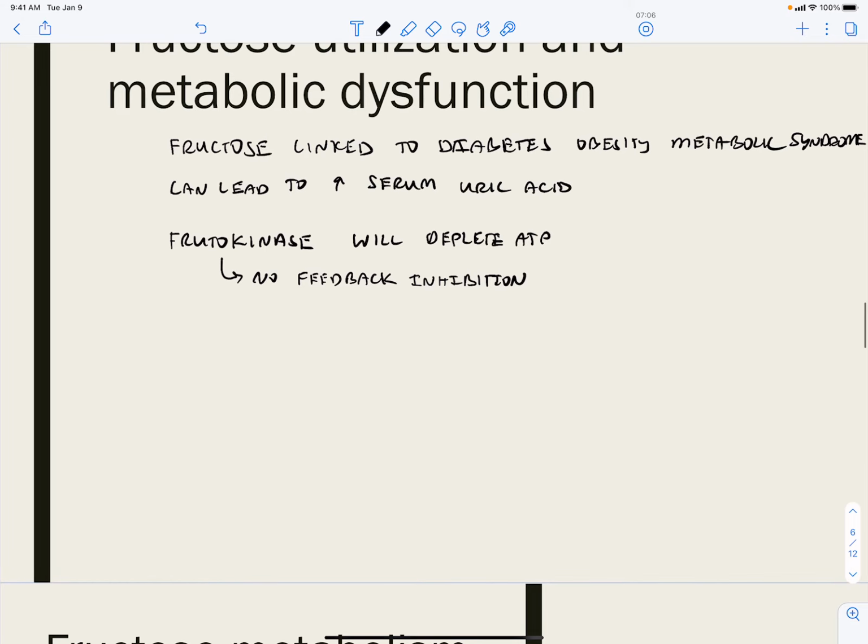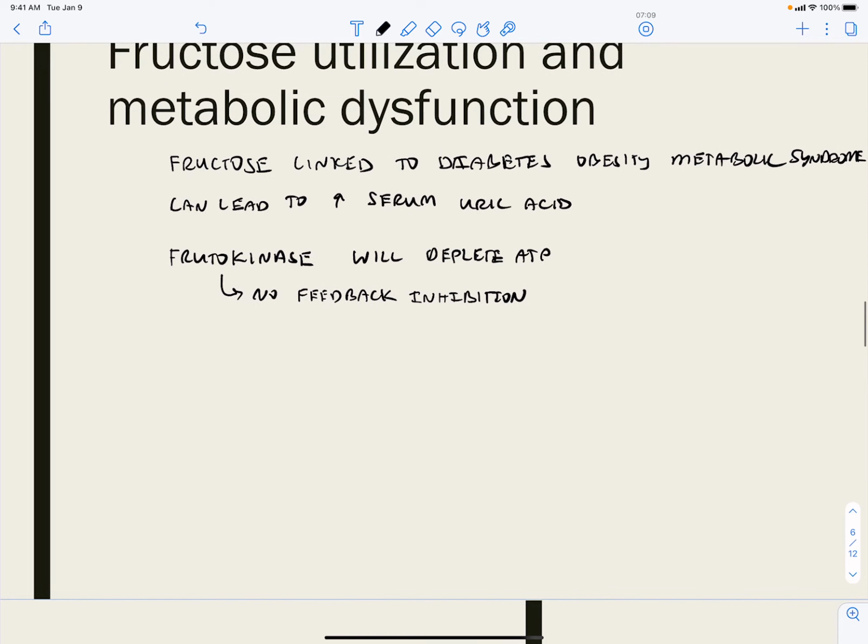Now the hepatocyte is going to be the primary cell that metabolizes fructose. So when you have a decrease in ATP, this is going to lead to an increase in AMP, and this leads to activation of your purine nucleotide catabolic enzyme called AMP deaminase.